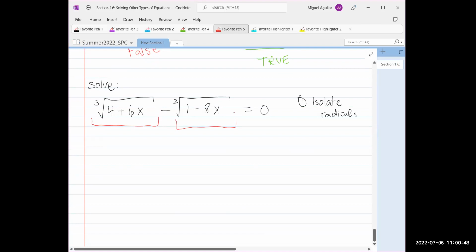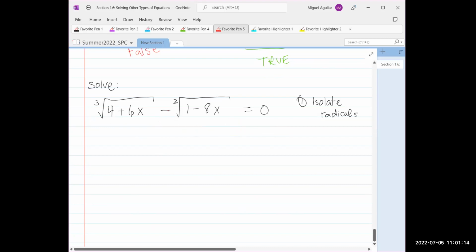Both of those radicals are on the same side of the equation, and we really want them each isolated to their own side of the equation. If I wanted to move this guy over to the other side, this may look funny, but we can use the addition principle to just move this big chunk of information over to the other side of the equation, right?